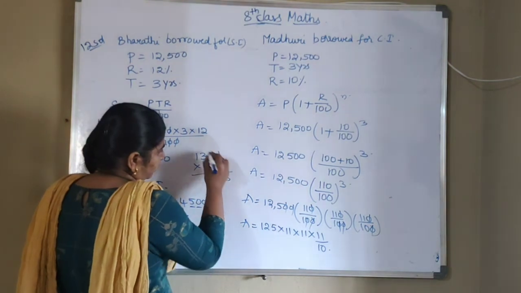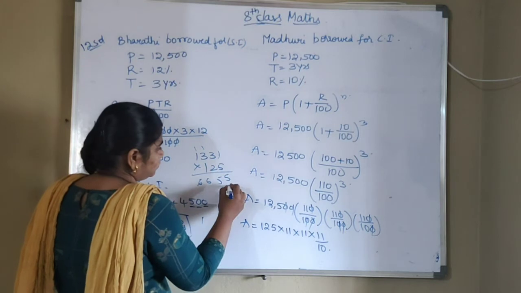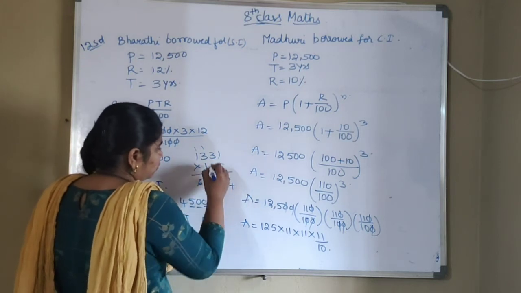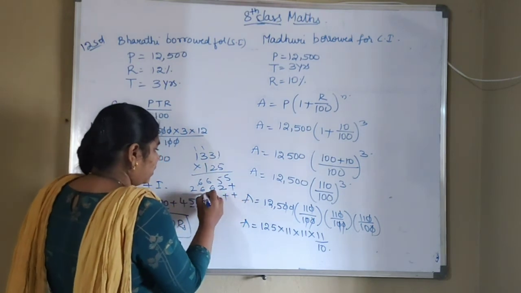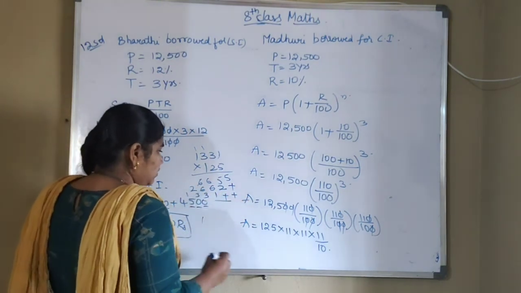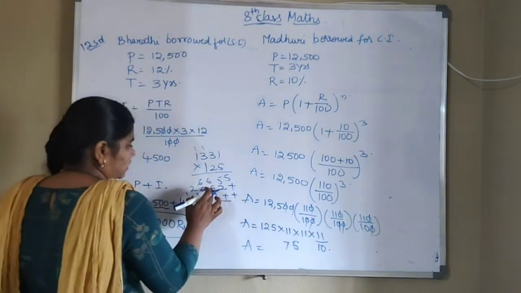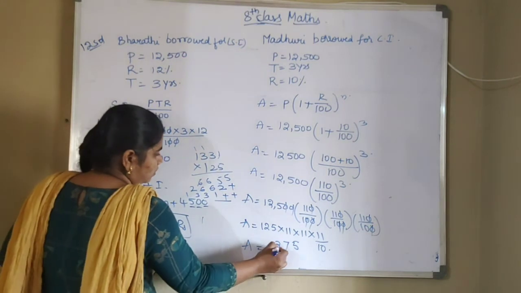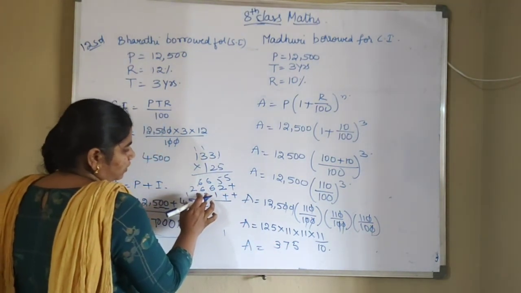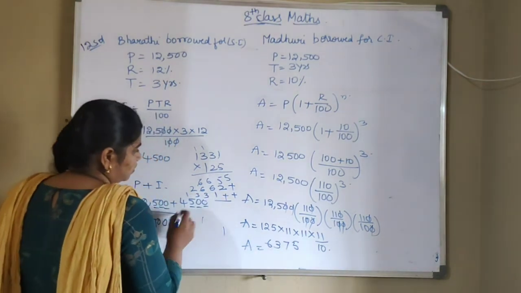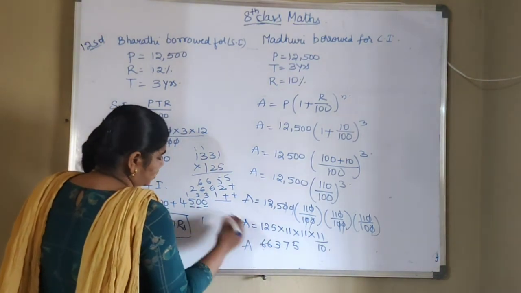5 ones are 5, 5 3s are 15, 5 3s are 15, 16, 5 ones are 5, 6. So the answer is 166,375.